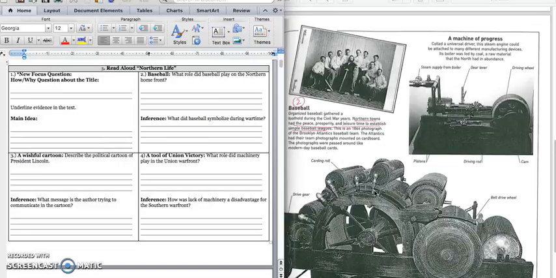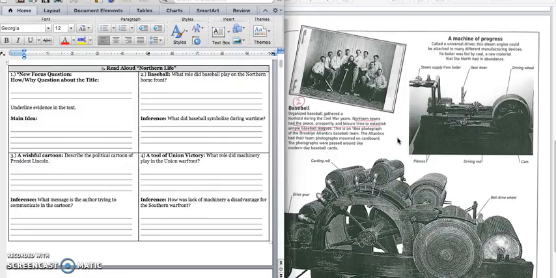For box 2, we're going to go to the top of page 47 and read the caption called Baseball. It says, organized baseball gathered a foothold during the Civil War years. That means it became popular. Northern towns had the peace, prosperity, and leisure time to establish simple baseball leagues.